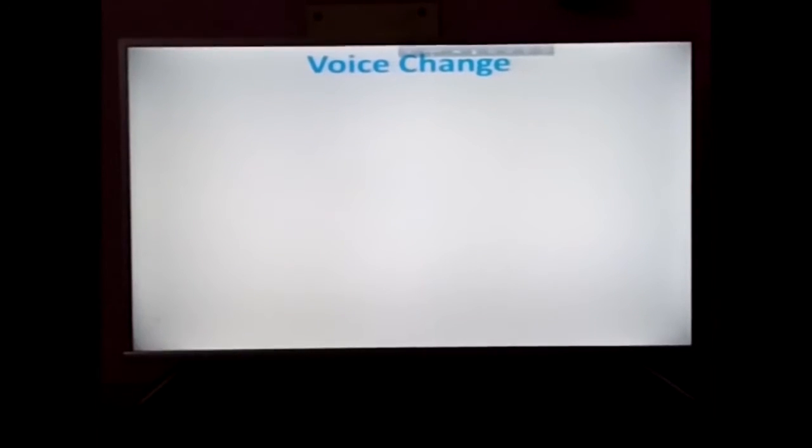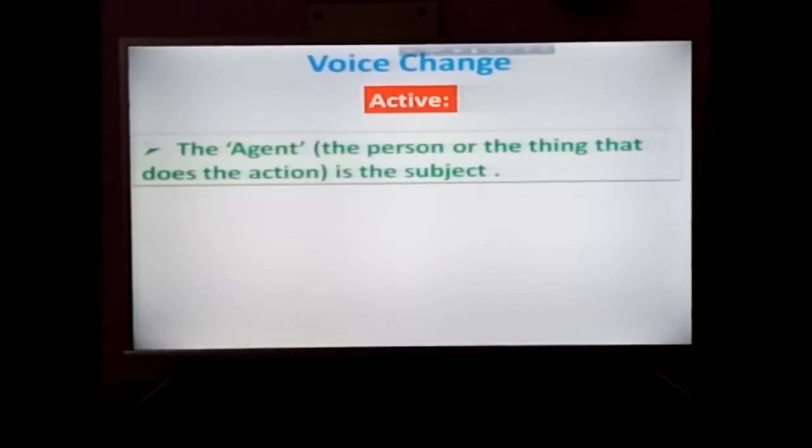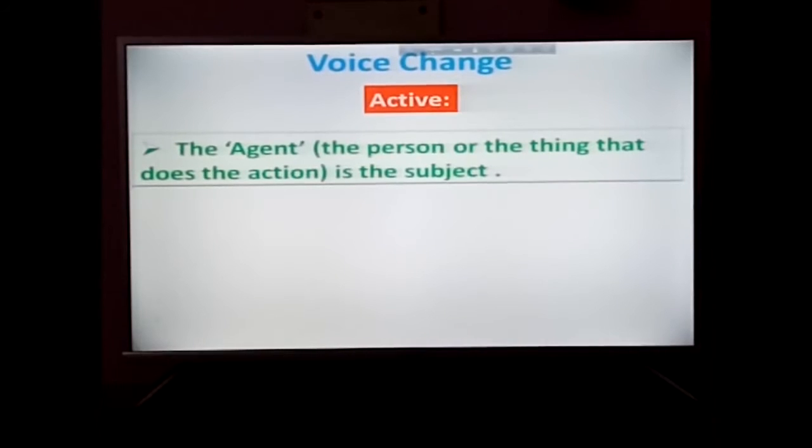The first question that may come to your mind, dear students, is what is an active sentence like? What has it got? How do you know that a sentence is an active sentence? Good question. If we analyze an active sentence, we find three major characteristics in it. The first of which is that the agent is used as the subject of an active sentence.